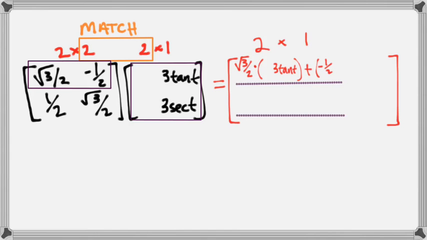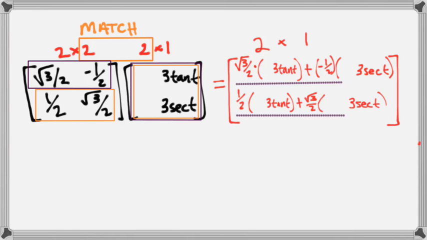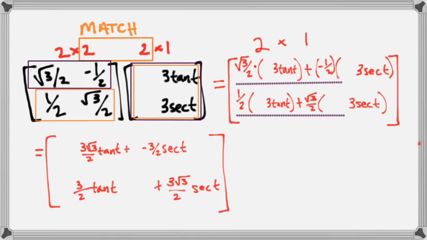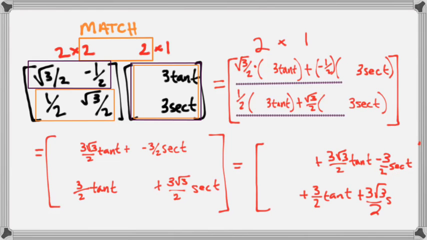And then I'm going to add those together, and then I'm going to keep going with the next row and same column. I'm going to add those two together, and my resultant is going to be this if I multiply it through, and I'm going to then simplify it a little bit. That becomes my values as we go forward.